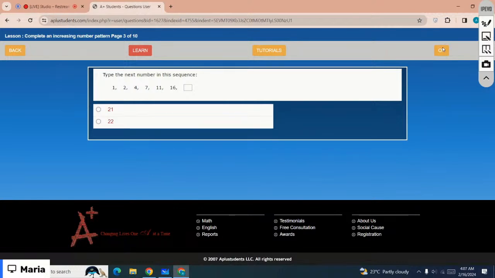You need to add 6 to 16 and that makes 22. So the correct option is 22.